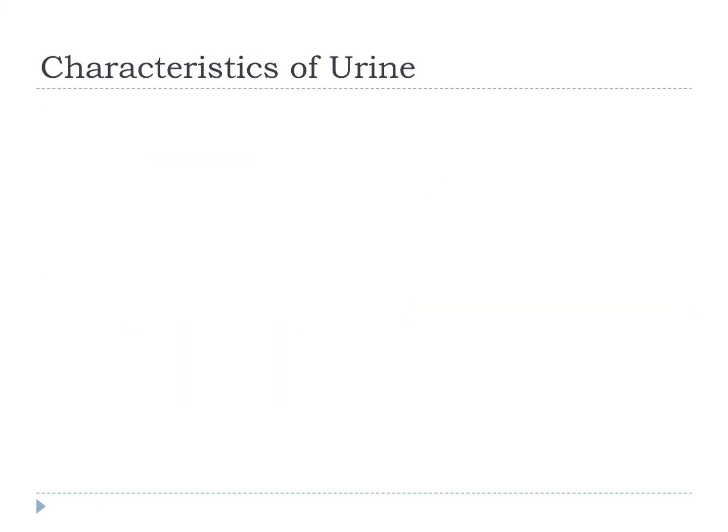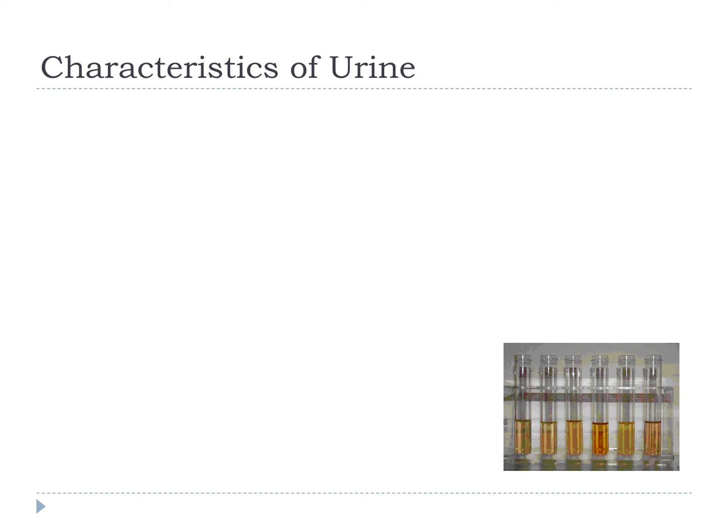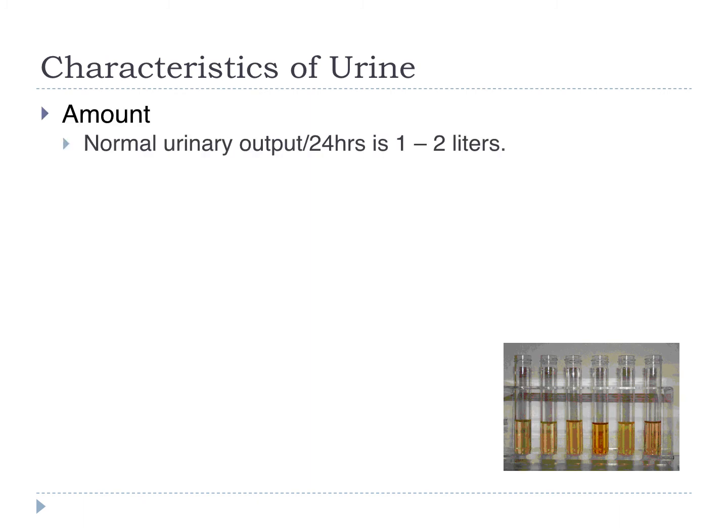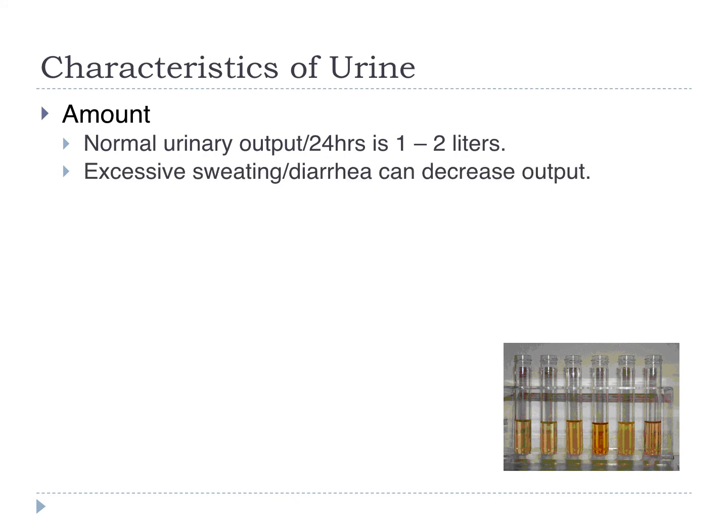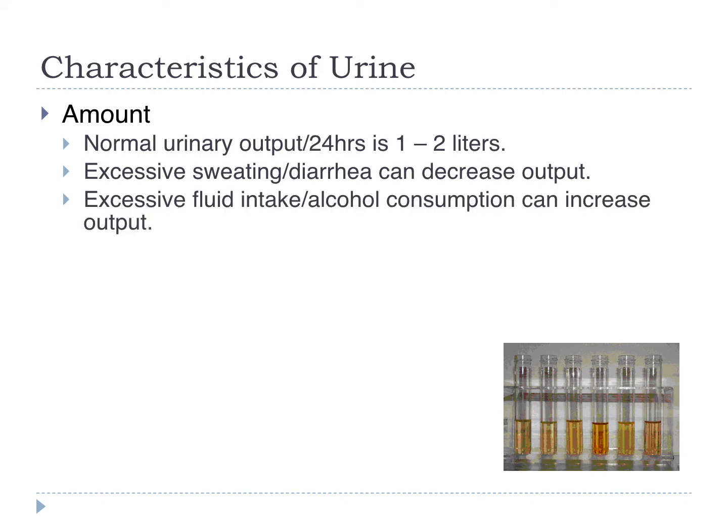Otherwise, the last thing we need to talk about is the characteristics of urine. There are many, first of which is the amount. Normal urinary output in 24 hours, so one day, is between 1 and 2 liters. Excessive sweating or fluid intake will decrease or increase output respectively.